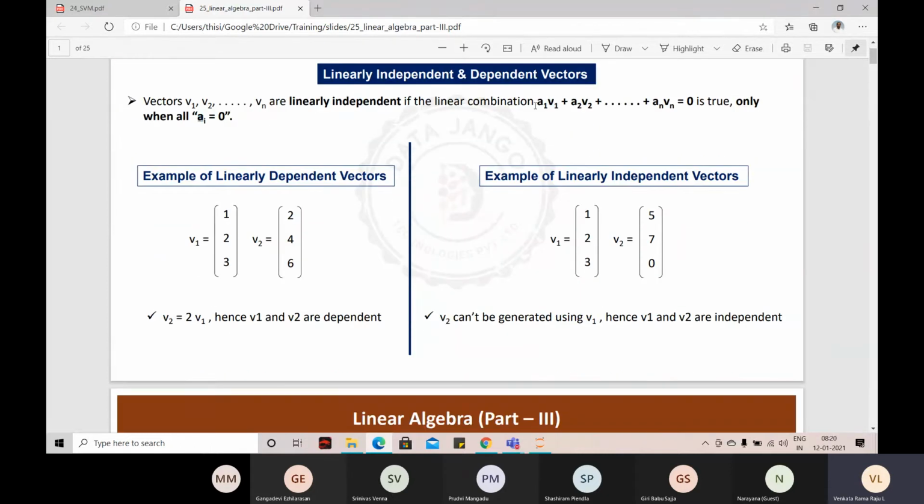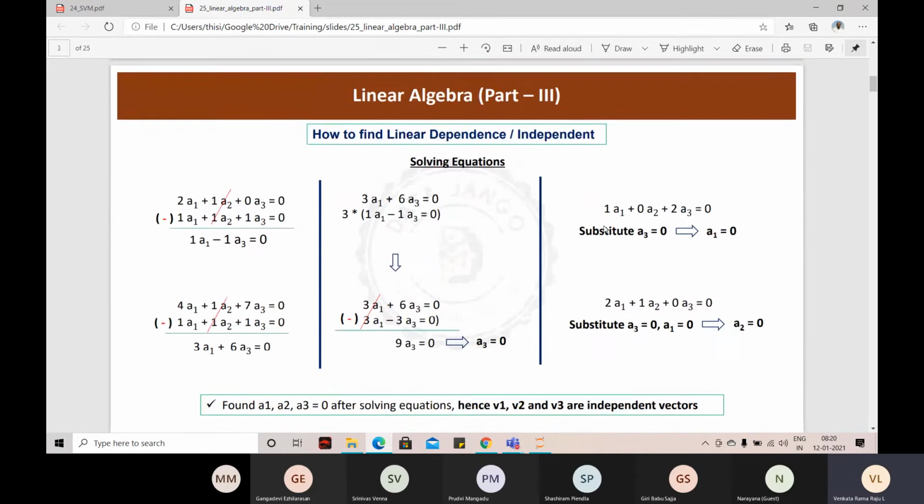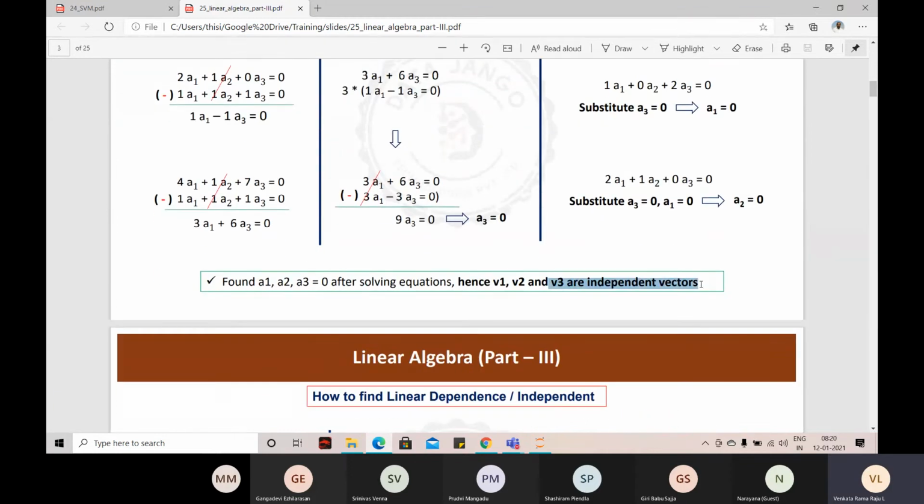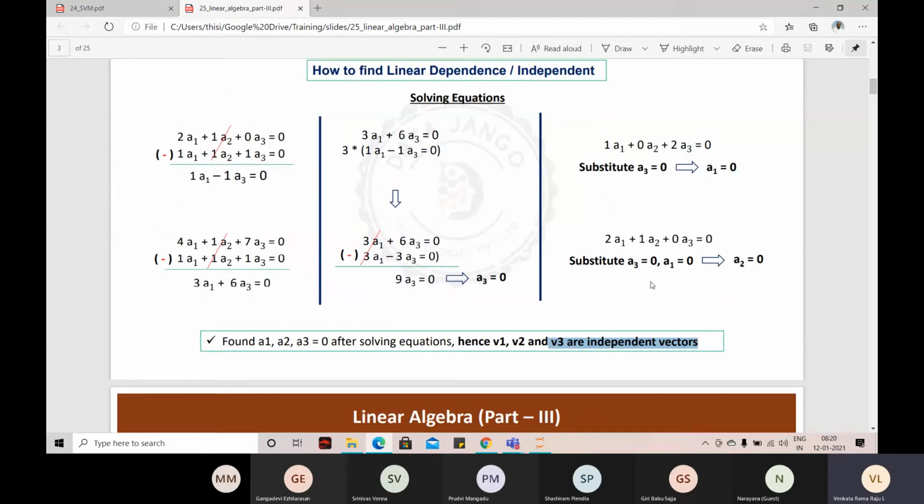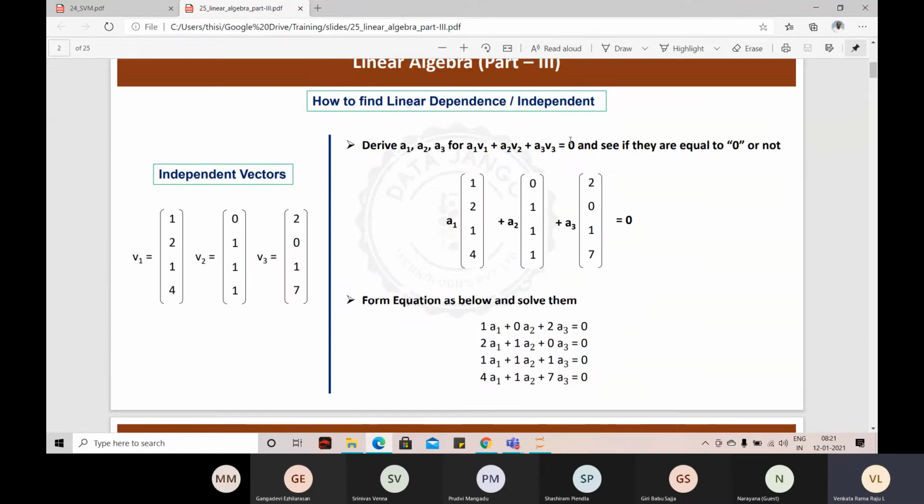Here all are 0, so they are linearly independent. Only when the coefficients are 0 are you able to produce 0. Otherwise, you are unable to generate 0. That means if you multiply these vectors with any numbers and do a linear combination, you are unable to produce 0.